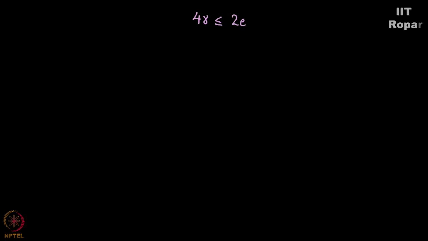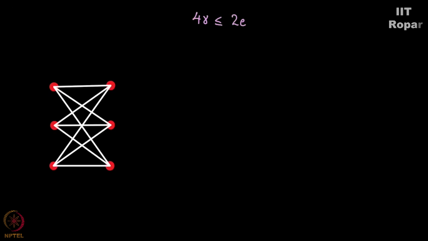If you have followed the proof of 3r less than or equal to 2e, you will know why, given a bipartite graph, it is always 4r less than or equal to 2e, provided the graph is planar. Is the graph planar? If the graph is planar, it implies that 4r is less than or equal to 2e. Let us write this down.